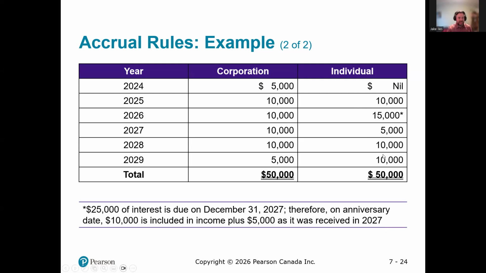We recognize the anniversary date, but if we get money during the loan, we have to say, okay, has this money already been reported? If there's any in excess of what's been reported, we have to recognize it now, and we'll subtract it from our next recognition. So this $5,000 got moved ahead because we had received $25,000.